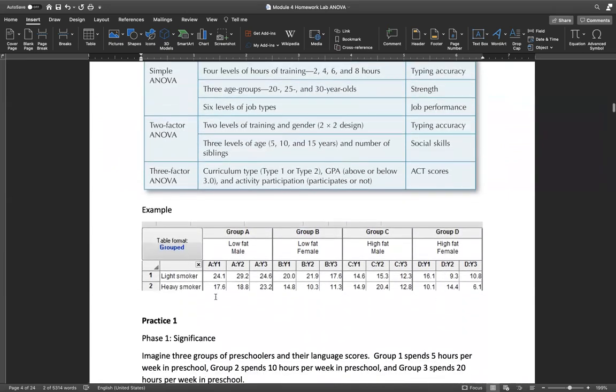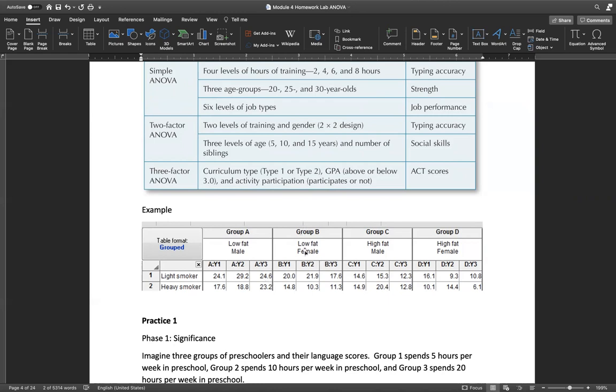I wanted to also show you one that is a bit more complex. This is more of a MANOVA. So here, or this is actually a repeated measures factorial ANOVA. And it's repeated measures because this group A, which are the low-fat male, they're getting this assessment, and this assessment. So we're looking at their, I think, body index scores.